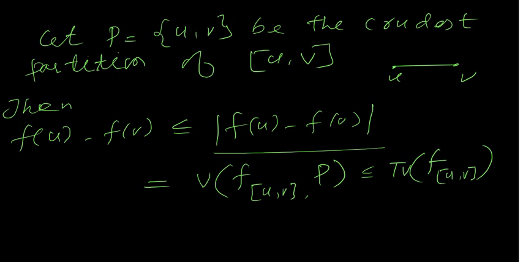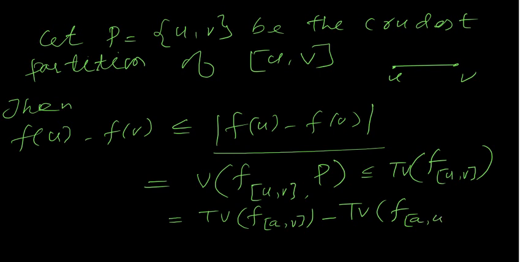So this is equal to total variation of the function f over the interval a to v minus total variation of the function f over the interval a to u. This we already see. This total variation over the interval uv is equal to this.